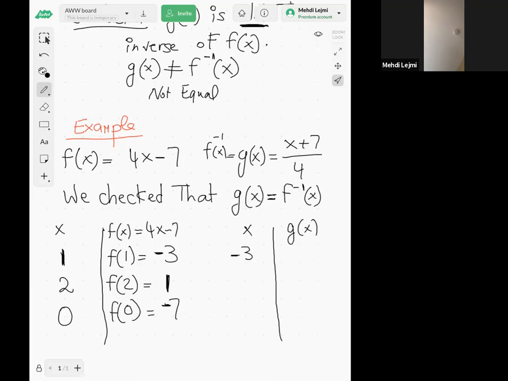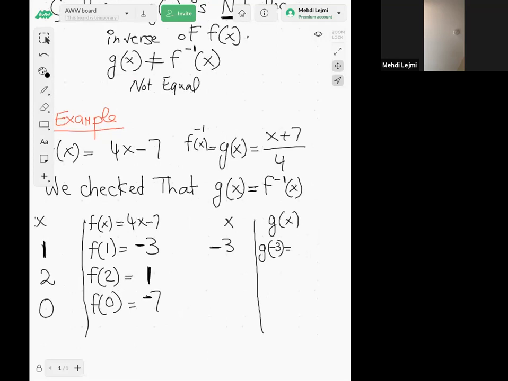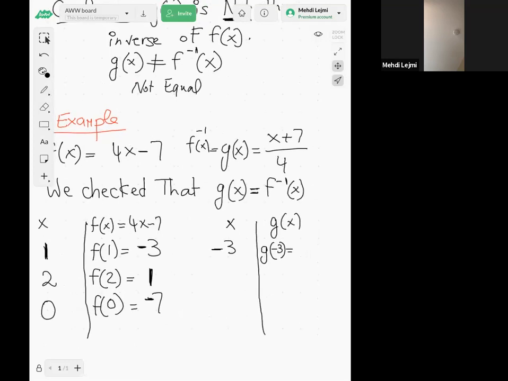What will be g of negative 3? g is x plus 7 over 4, so it's going to be negative 3 plus 7 over 4. That's 4 over 4, which is equal to 1.